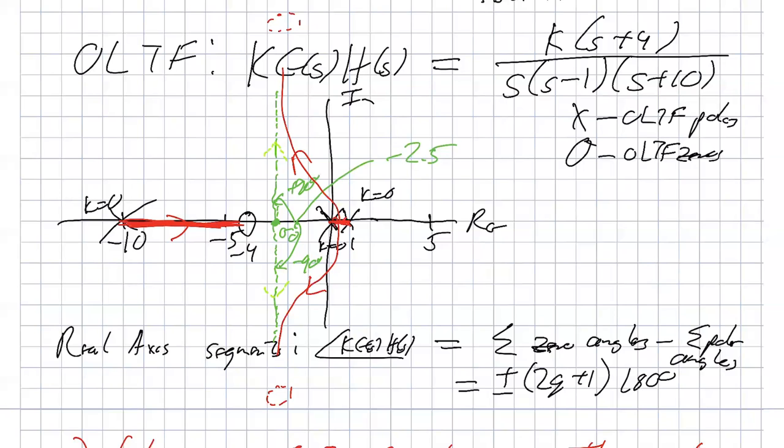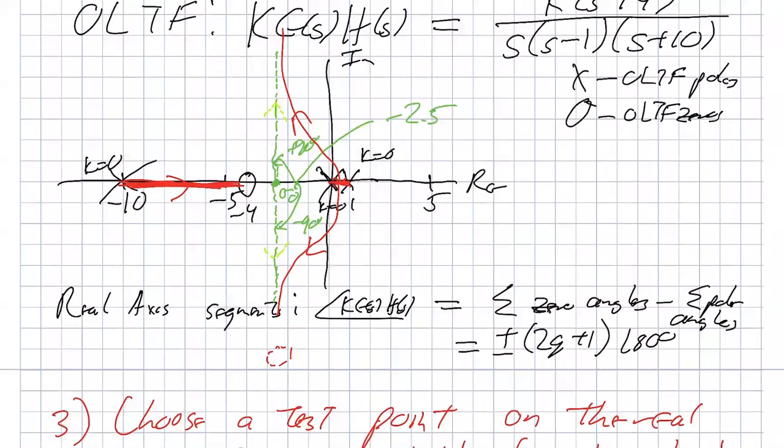So one of the questions that you might ask is, were we able to stabilize the system? Because remember, we need to be able to fly this. Is there any value of K that will stabilize the system?